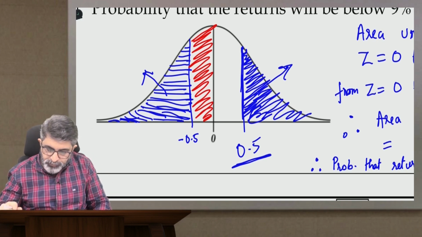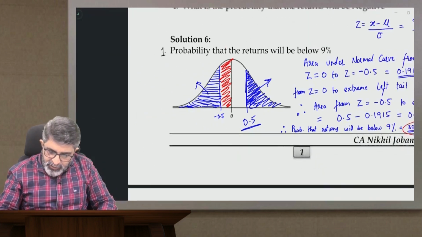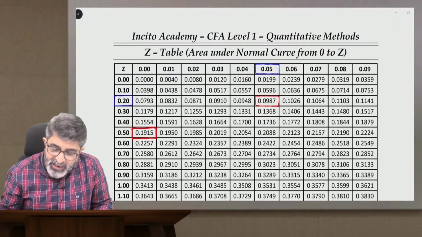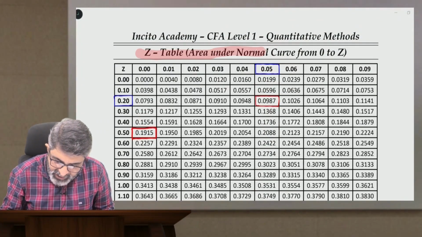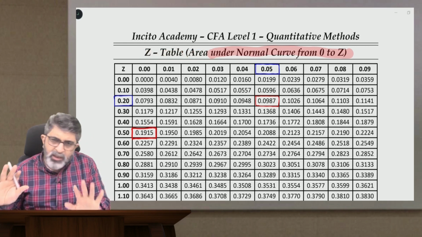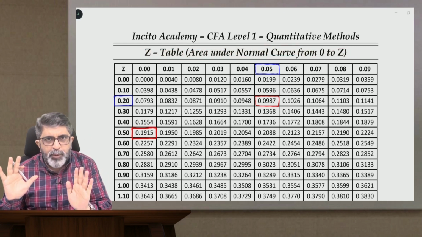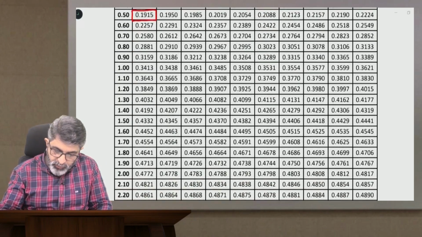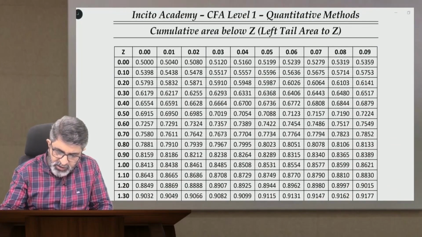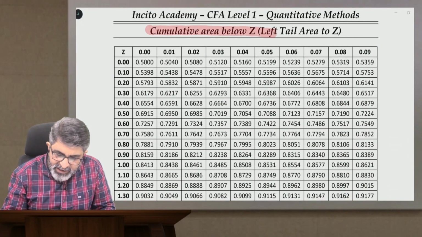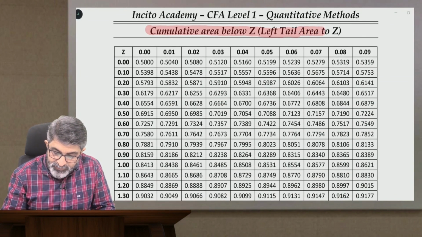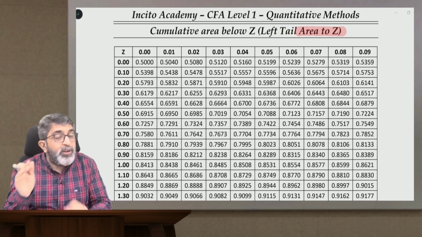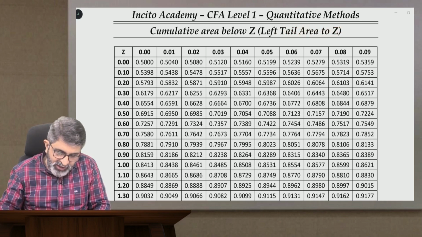Now which version of z table should we refer? The first table that I have referred was the z table, area under normal curve from 0 to z. Through this we can compute the required probability. Already we have computed. I am just giving you another approach. We refer the other table of z, cumulative area below z, that is left tail area. We don't want left tail area over here, we want the right tail area.